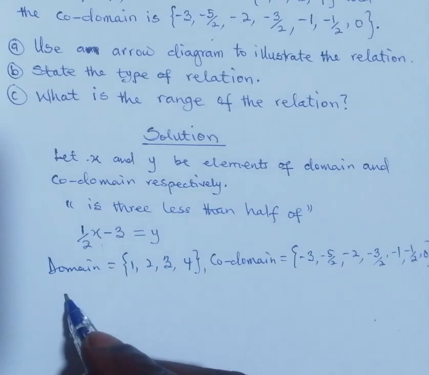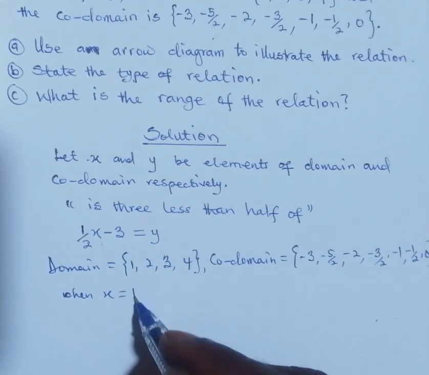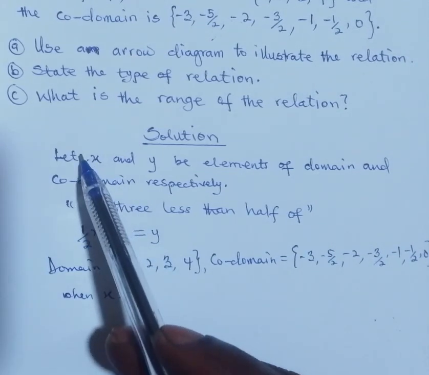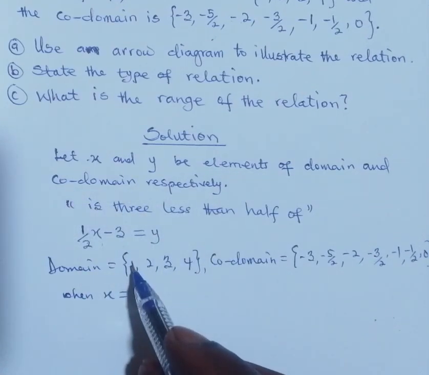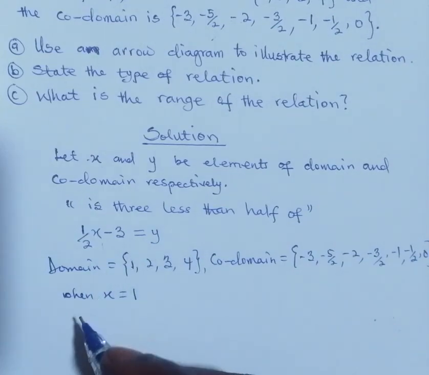So when x is equal to 1, because we are saying x belongs to the domain. That's the statement: let x and y be elements of the domain and codomain. So if 1 represents x, then we can substitute and get the values for y.